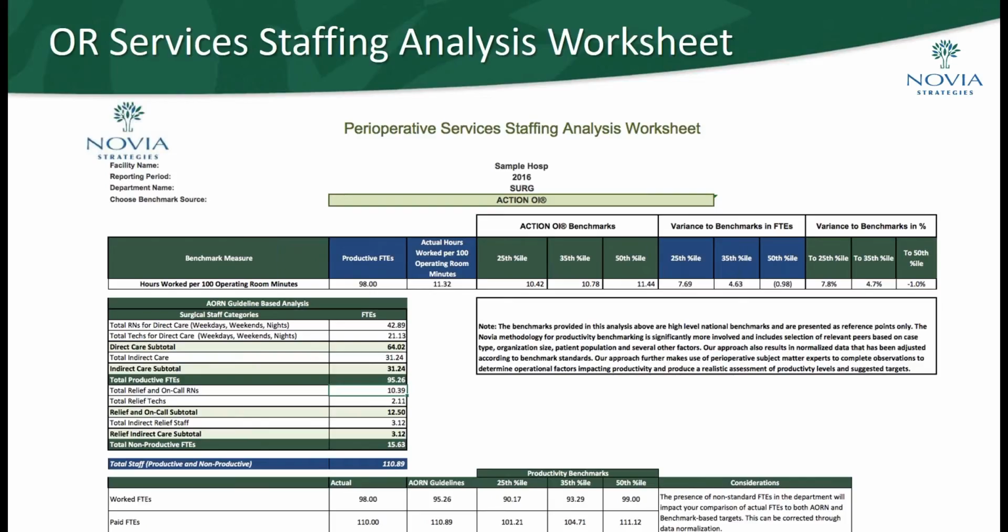National benchmarks have not made use of any peer selection. And so it's recommended that this is used for high-level checks and that any more specific review of staffing resources would require, if you're going to use the benchmarks, more selectivity related to the peers.